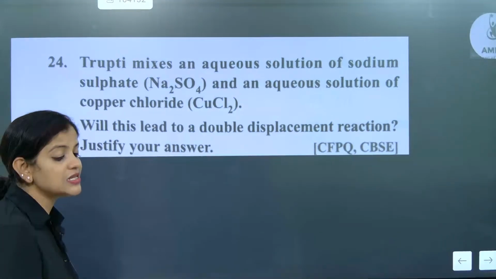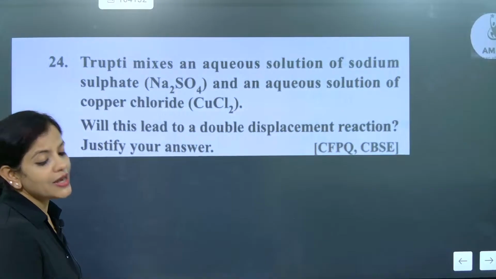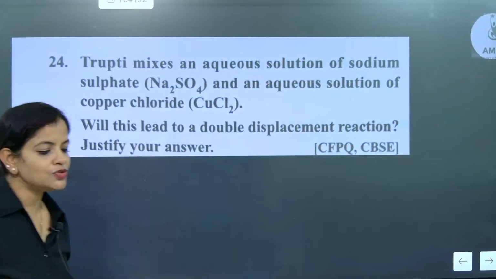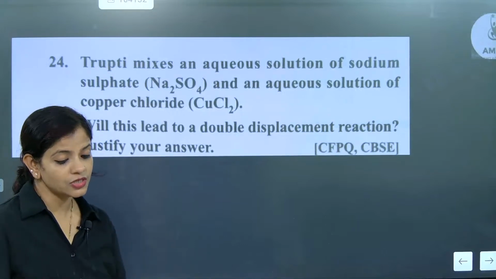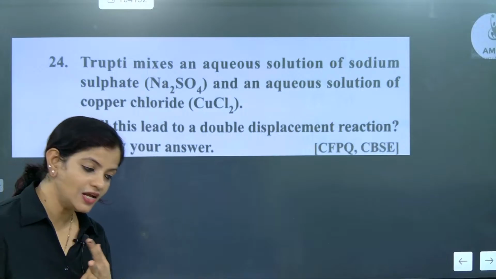So, Tripty mixes an aqueous solution of sodium sulfate, Na2SO4, and an aqueous solution of copper chloride. When these two are added, will there be any reaction? You need to write just yes or no. After that, I will answer the question.